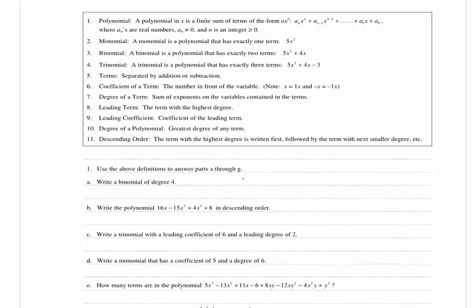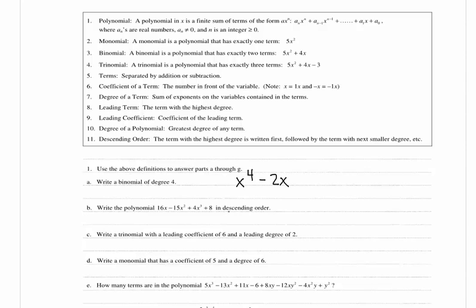So I could have x to the 4th minus 2x. And we have two terms, x to the 4th and 2x, and they're separated by an addition or a subtraction sign.